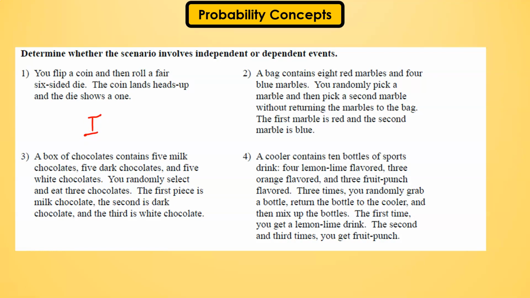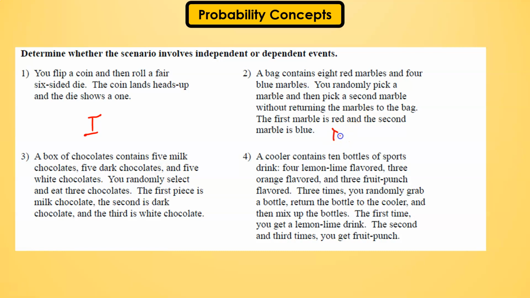Number 2, a bag of 8 red marbles and 4 blue marbles. You randomly pick a marble, and then you pick a second marble without returning the first marble to the bag. The first marble is red, the second marble is blue. So was the outcome of picking the second marble affected by what you chose at the start?